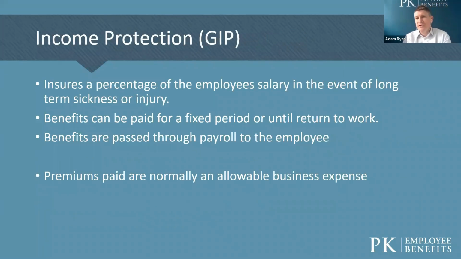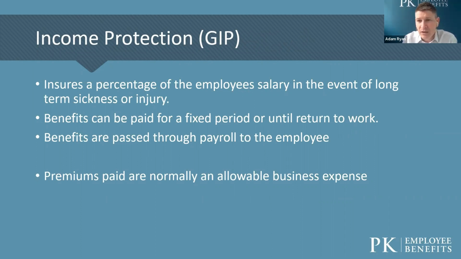The next insurance that forms part of the core of what we would typically see is income protection. This has become more popular in recent times, and we're attributing that mainly to the government's furlough scheme.